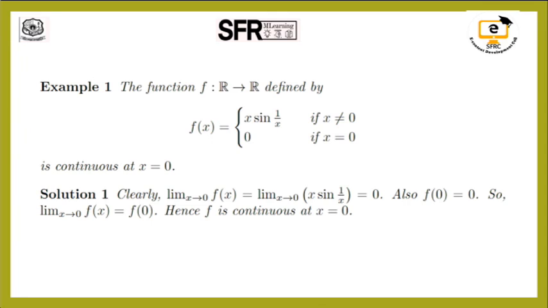So we have a sequence that approaches 0 and another sequence that is bounded. If we take the product of these two, then the final sequence converges to 0. Thus limit x tends to 0 of f of x equals 0. Also f of 0 is 0, from the function definition itself. Thus limit x tends to 0 of f of x equals f of 0, and our function f is continuous at the point x equal to 0.